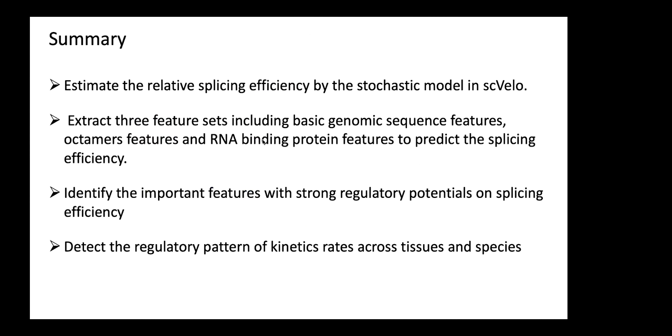Now, I would like to sum up our study. We first estimate the relative splicing efficiency by the statistical model in ICVelo. Second, we extract 3 feature sets, including basic genomic sequence features, octamer features, and RNA binding protein features to predict the splicing efficiency.